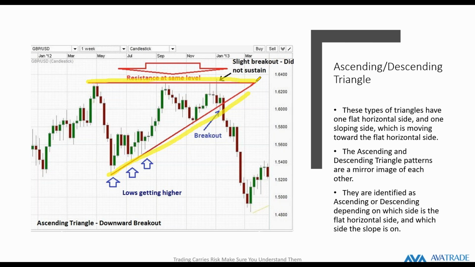So these types of triangles have one flat horizontal side and one sloping side, which is moving towards the flat horizontal side. The ascending and descending triangle patterns are mirror images of each other. They are identified as ascending or descending depending on the side on which the horizontal line develops. So if we had a horizontal line here with a slope, that would be a descending triangle.